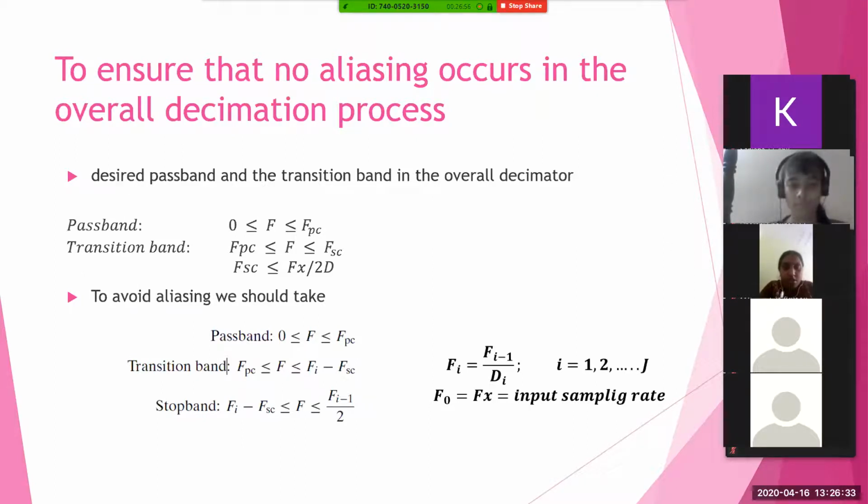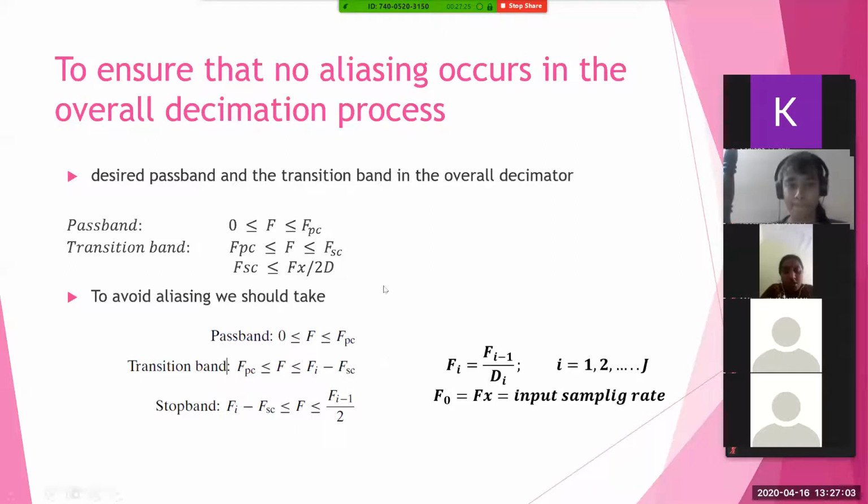If Fi is the current stage sampling rate, Fi minus 1 would be the previous stage sampling rate. So these are the things you have to keep in mind whenever you are trying to design a multi-stage decimator or interpolator. The procedure is the same for both.